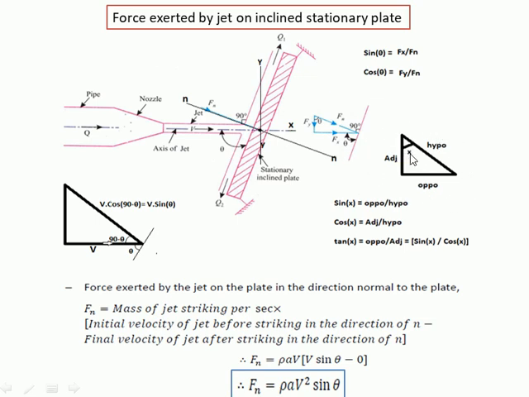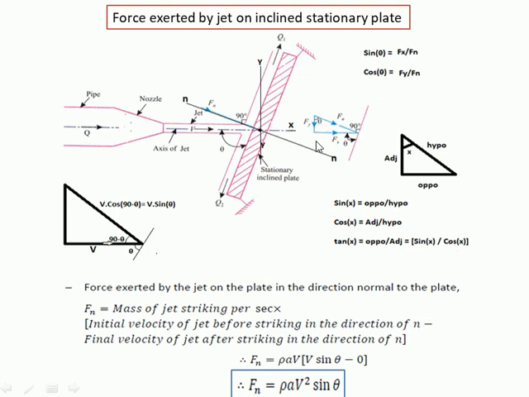This is the basic trigonometric triangle. This is the angle x, opposite to this angle is the opposite side, this is the adjacent side and this is the hypotenuse. So sin x is opposite upon hypotenuse, cos x is adjacent upon hypotenuse and tan x is opposite upon adjacent, that is equal to sin x upon cos x.